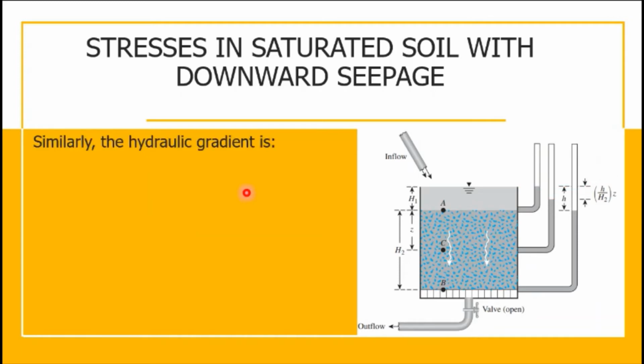Again, the hydraulic gradient is equal to H, the seepage at point B, over H sub 2, the length of the soil. H is the difference between the two water levels, and H sub 2 is the length of the soil.